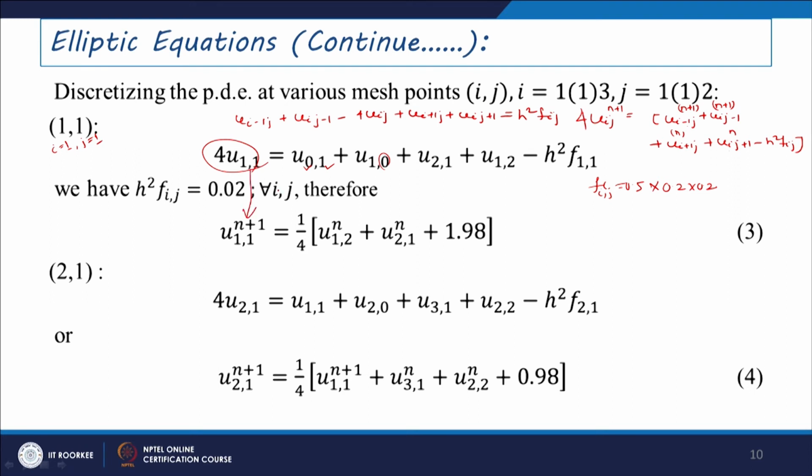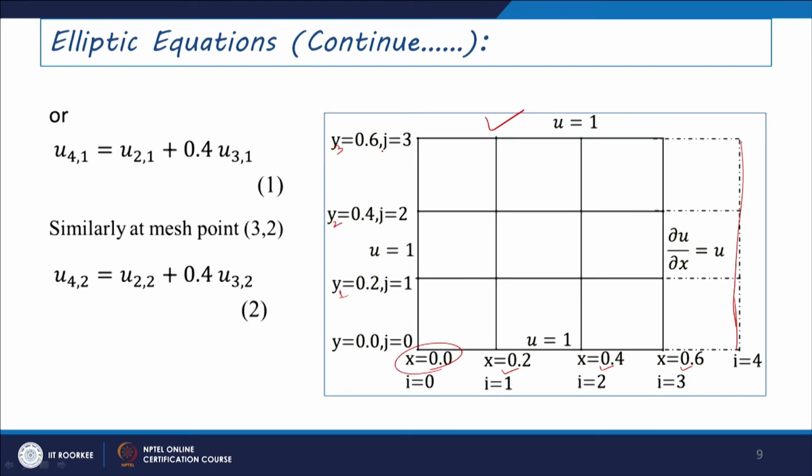And for the first two, u01 and u10, since i equals 0 is the boundary, u01 is prescribed as 1, u equals 1 is given here.